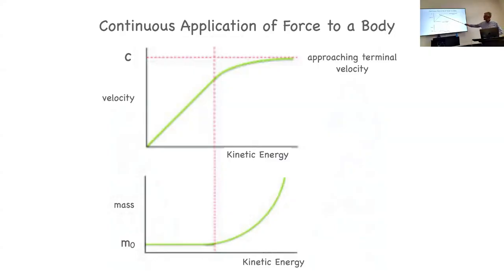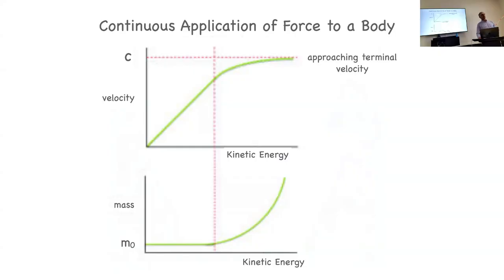But just as the velocity starts to taper off, the mass starts to increase, and it increases exponentially. So that's another way of looking at this idea that you can never get to the speed of light, because the inertia becomes so immense that you can't. There's no way to. It would take an infinite amount of energy.